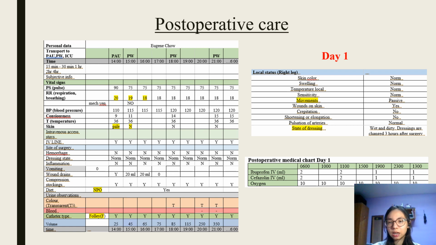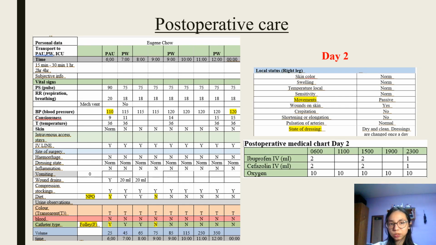Dressings were changed 3 hours after the surgery. For the post-operative medical chart on day 1, we gave ibuprofen, cefazolin, and oxygen, at 6 o'clock, 10 o'clock, 11 o'clock, and so on.